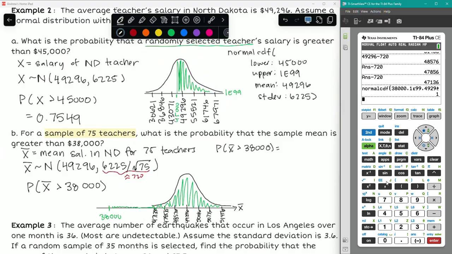And we get exactly what I suspected we would from our picture. That's basically all of the data. All of the data for sample means for groups of 75 teachers is greater than or equal to $38,000.